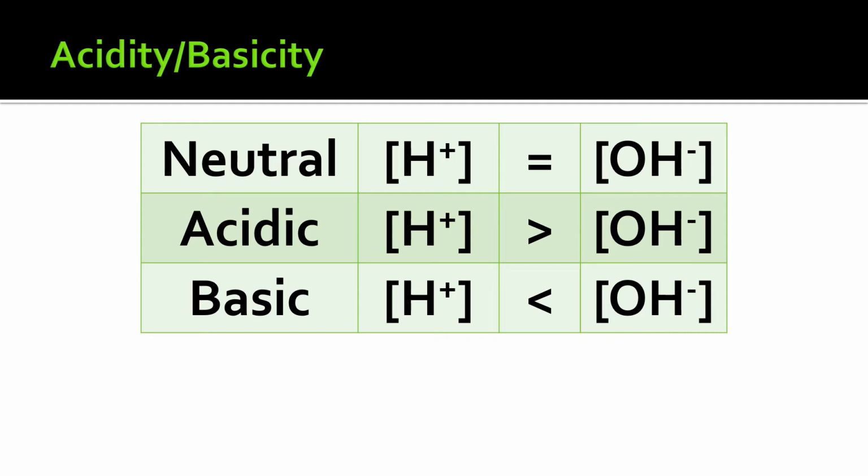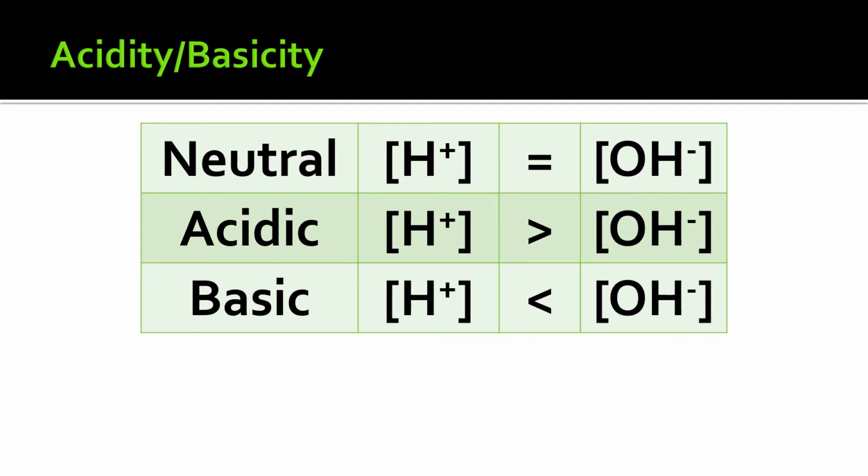What does acidic, basic, and neutral mean in terms of the concentration of hydrogen ions and hydroxide ions? For neutral, it simply means that the concentration of hydrogen ions is equal to the hydroxide ions.